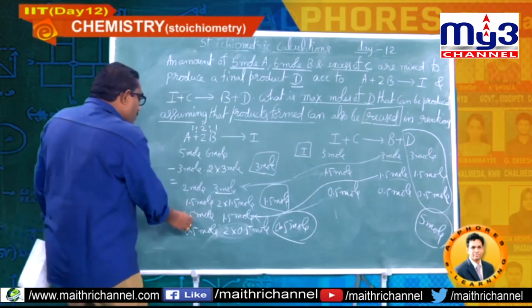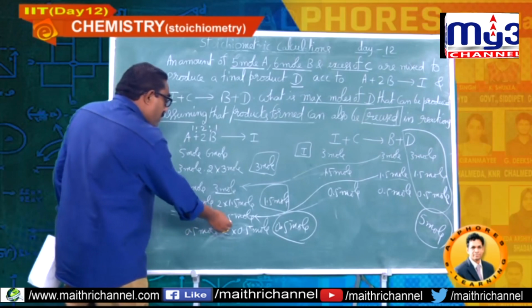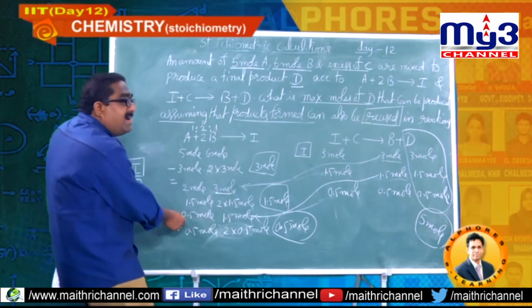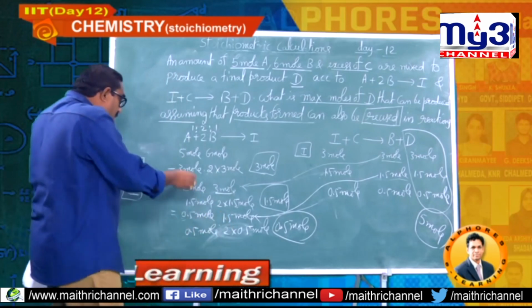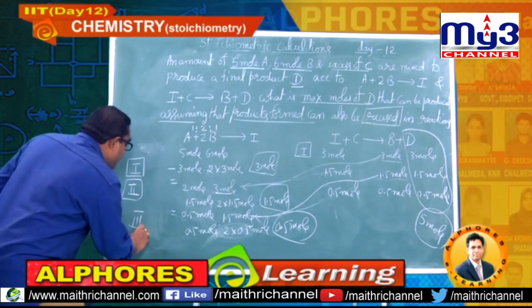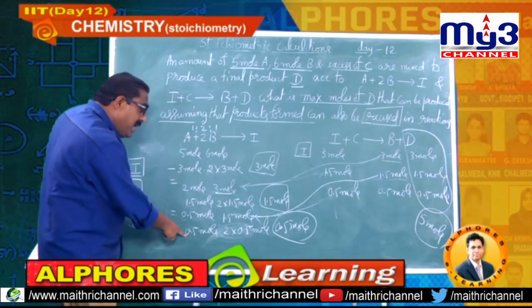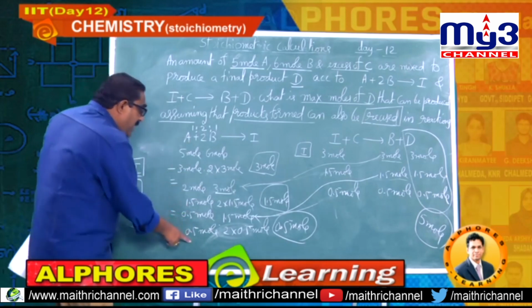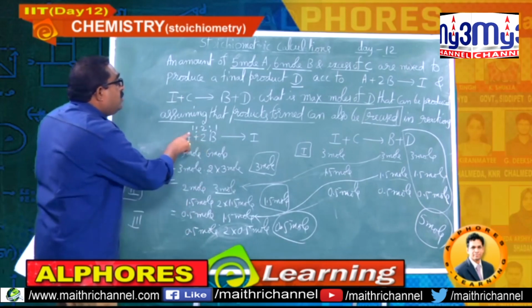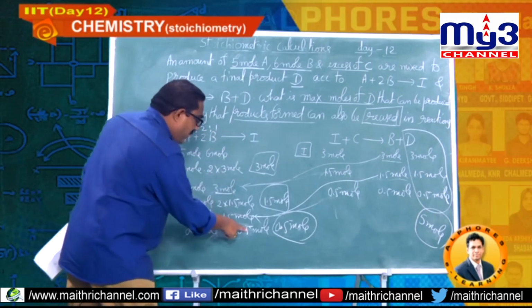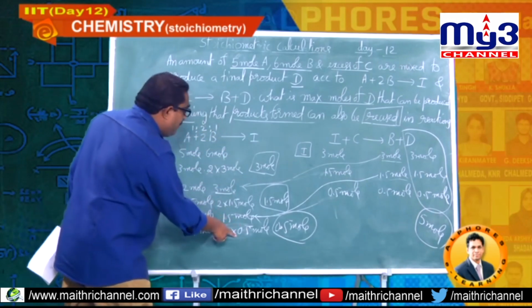And this time he has given only 0.5 mole. If you make it as 3, 2.5s are not there. So that's why in the third step, the limiting reagent is A, because A is only 0.5 mole. So to react completely, it needs 1 is to 2, 2 into 0.5, out of 1.5, 1 mole of B is reacted.